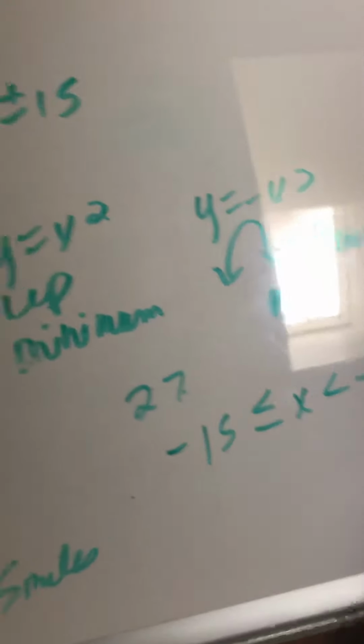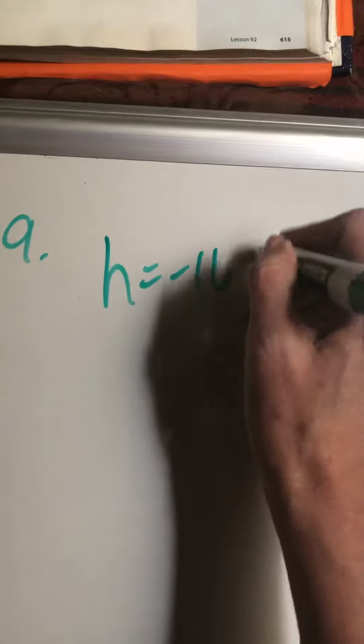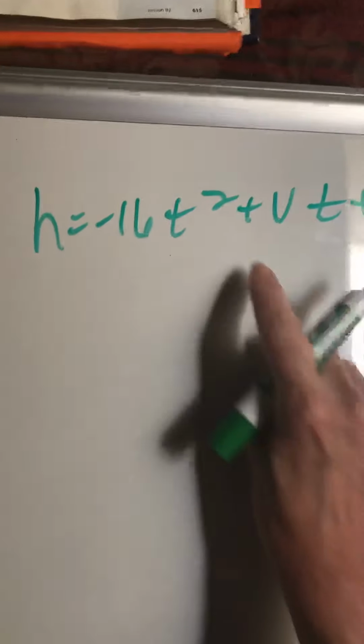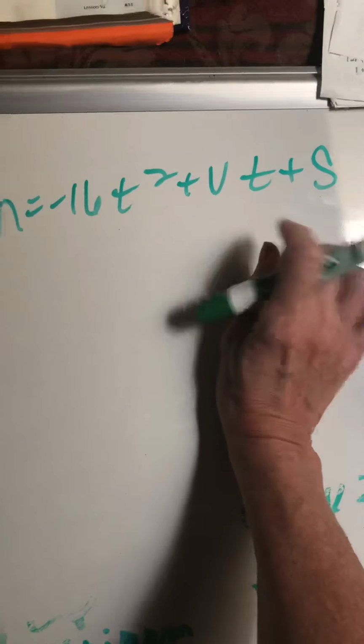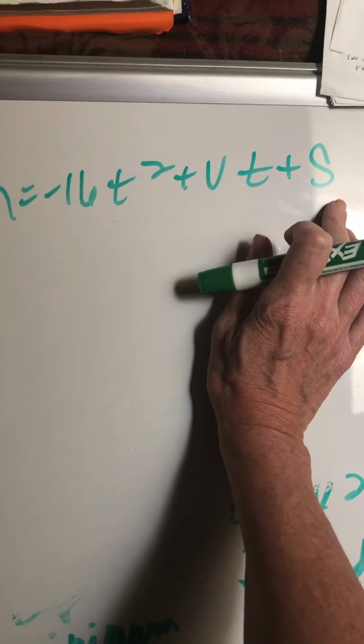And then on 29, I just wanted to show you 29. You've got this formula, h equals negative 16t squared plus vt plus s, where v is the initial velocity and s is the initial height. When an object falls, its initial velocity is 0.